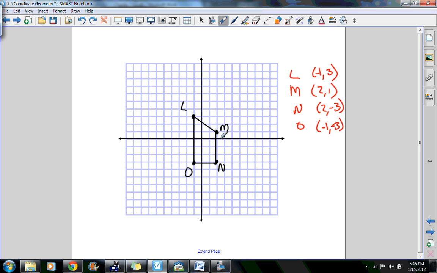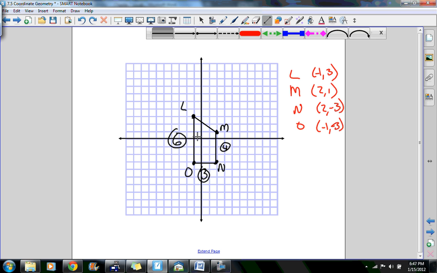Right here, MN is 1, 2, 3, 4. That's how long that is. ON is 1, 2, 3. And OL is 1, 2, 3, 4, 5, 6. Now we need to figure out the length of LM, which means we have to create a triangle right there. This piece here is 2, and this piece here is 3.